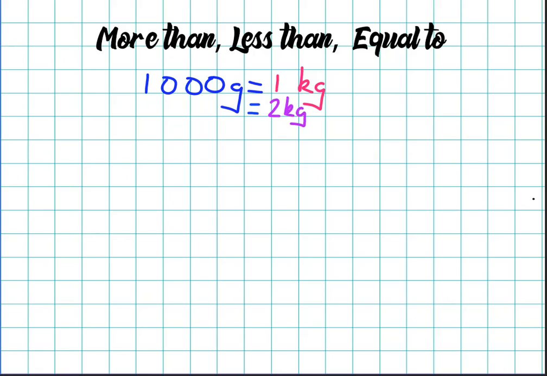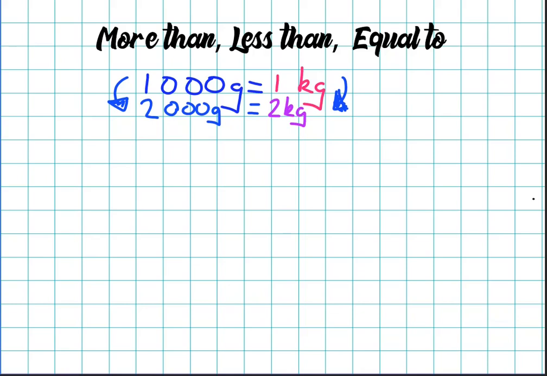So if I've doubled on this side from 1 kilogram to 2 kilograms, I double on this side. 1,000 grams is the same as a kilogram, 2,000 grams is the same as 2 kilograms, and so on and so forth. 3,000 grams is 3 kilograms, 4,000 grams is 4 kilograms, and it goes on and on. So that's going to be the most important thing to remember, especially when you're comparing grams and kilograms for your activity. Do not forget it, very important.